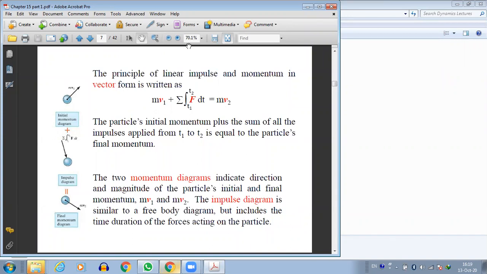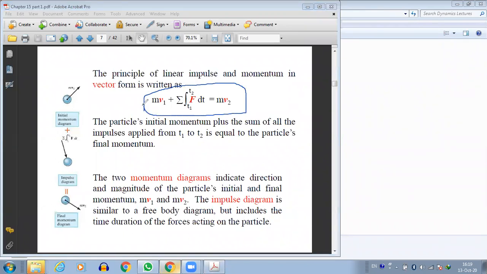So this is the formula for the principle of linear impulse and momentum: mv1 plus summation integral of F dt from t1 to t2 equals mv2.